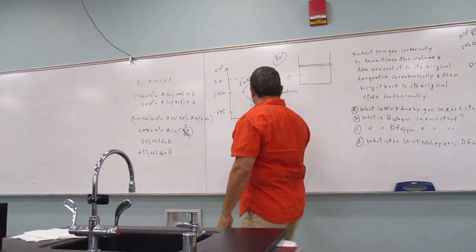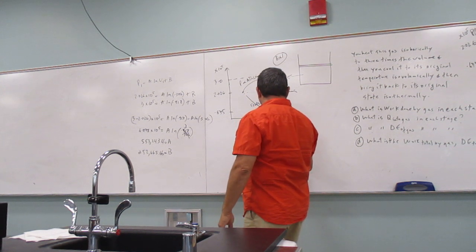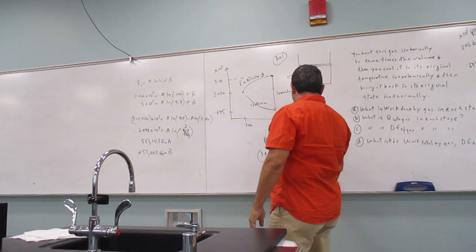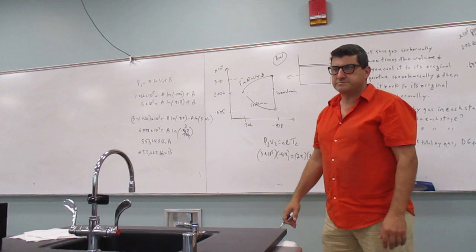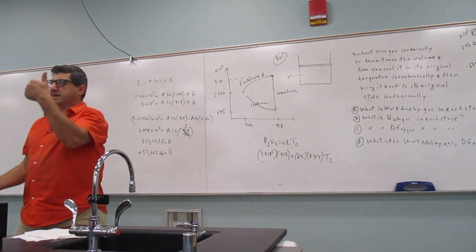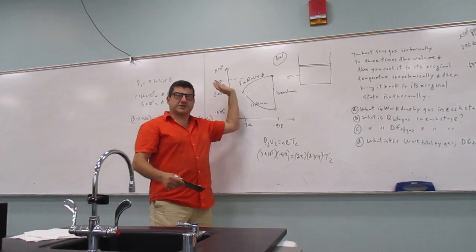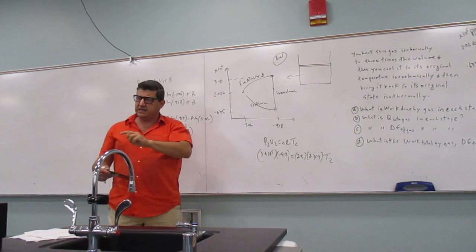So P2 is 3 times 10 to the fifth, V2 is 0.918, 25 moles, 8.314. We can calculate T2 from there. So you're always going to be using a combination of the ideal gas law, some form of the first law of thermo, plus the work is the integral of P dV.